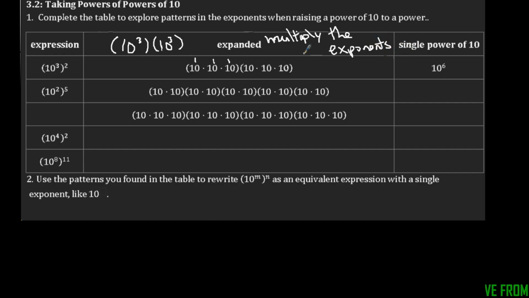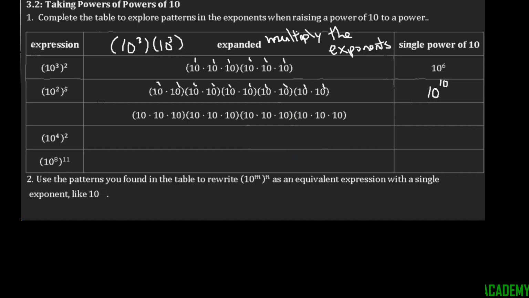Instead of adding them together, we're going to multiply. So 3 times 2 is 6, which is why there are in total 6 of these 10s. Similar idea, we have 5 groups of 2. So we have 1, 2, 3, 4, 5, 6, 7, 8, 9, 10. So all together, that means we're going to have 10 to the 10th power.